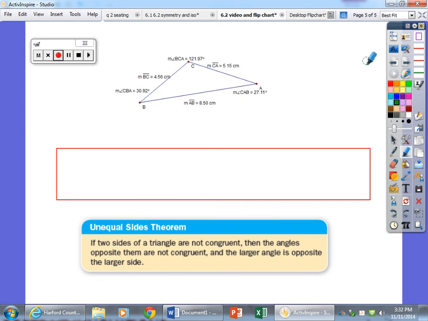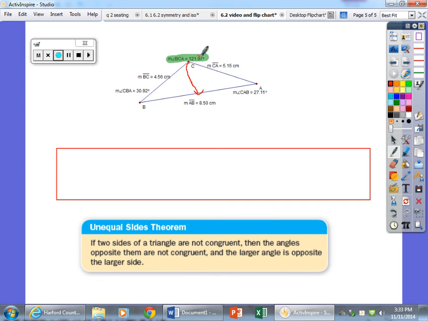But if you notice, this is my largest angle right here. Let's check the measures just to be sure. This one is about 31, this one's 27, and this one's about 122. Now I want you to look at the side that is opposite this large angle.